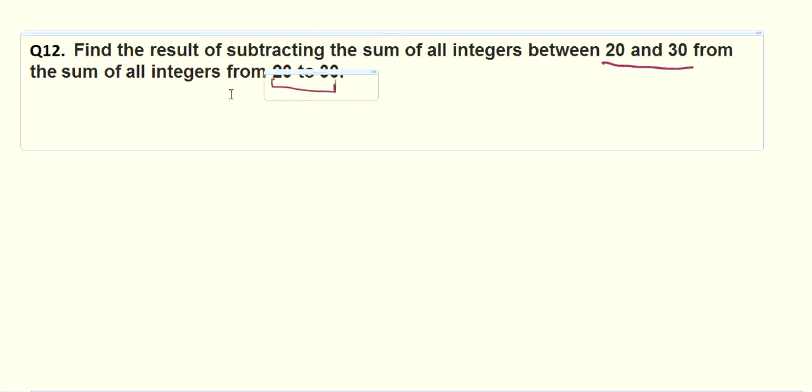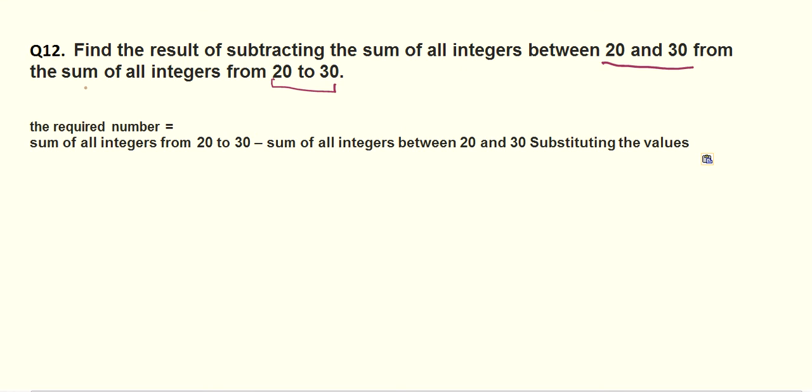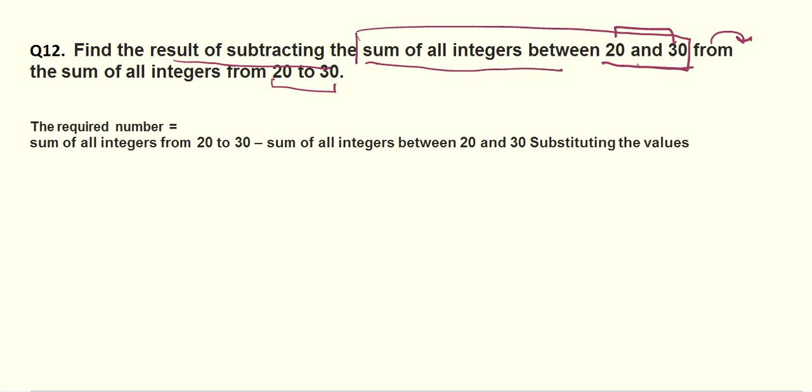Clear? So from this statement we got the required expression which we have to find. The sum of all integers from 20 to 30, because it is given, find the result of subtracting the sum of all integers between 20 and 30 from it. This sum has to be subtracted from which one? It has to be subtracted from this one.